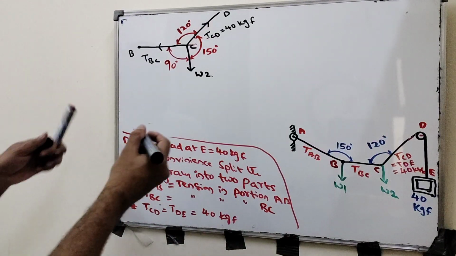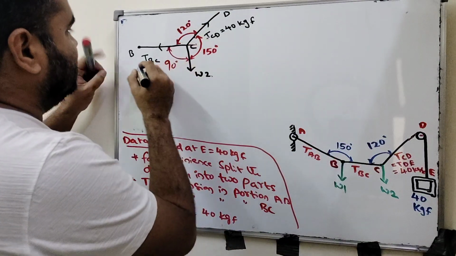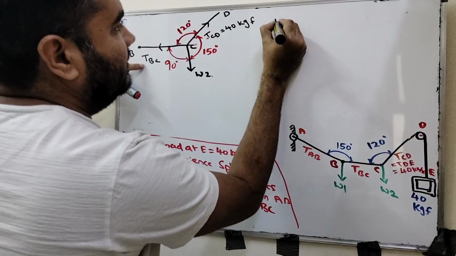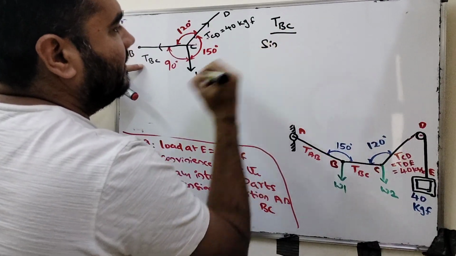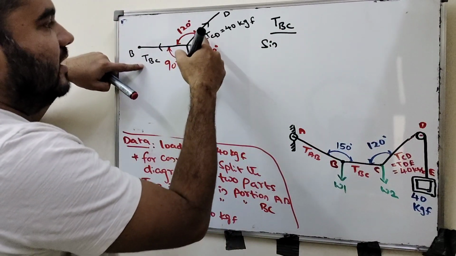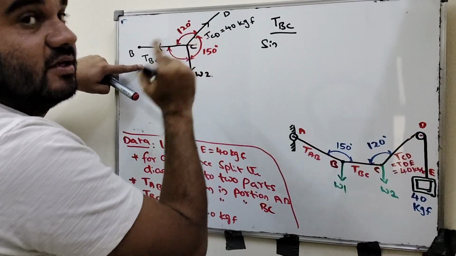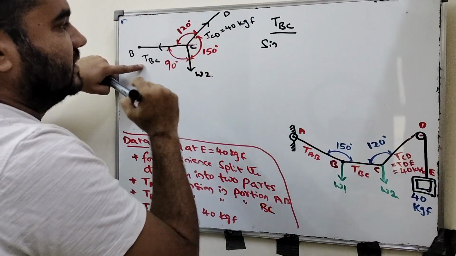Apply Lami's theorem. What does Lami's theorem tell us? First, tension of BC divided by the sine of the angle between the other two forces. How much is there?